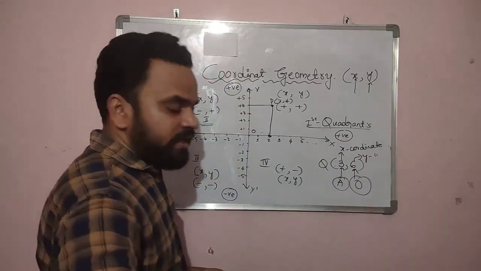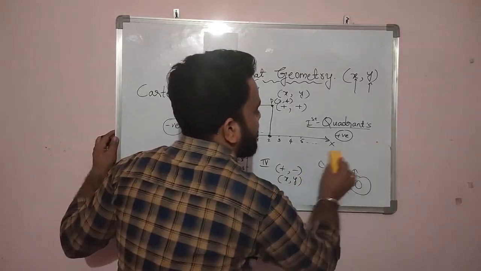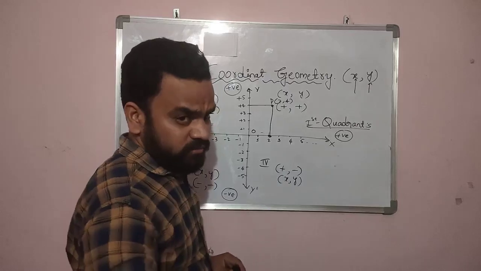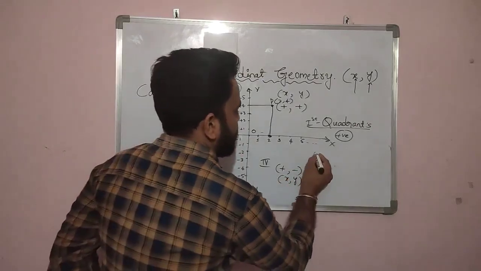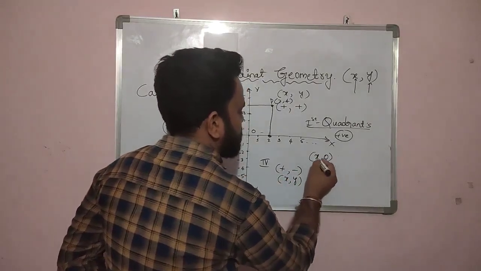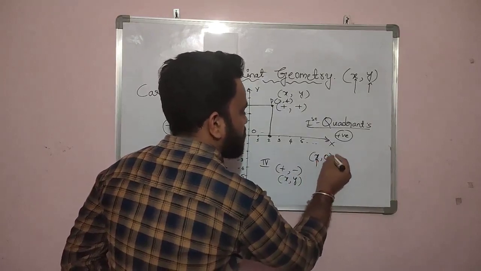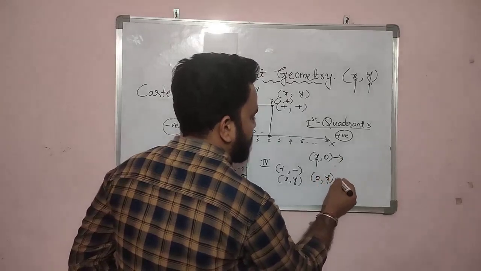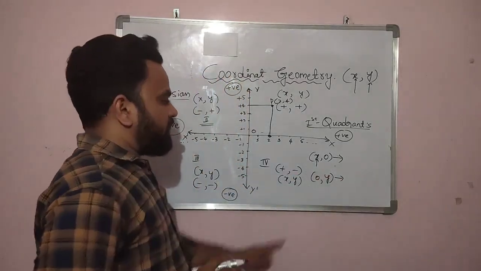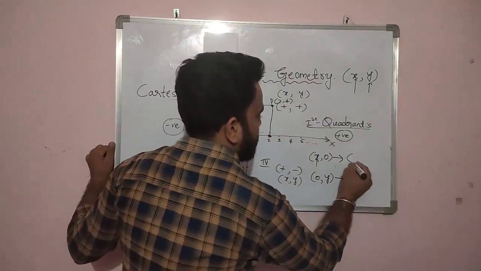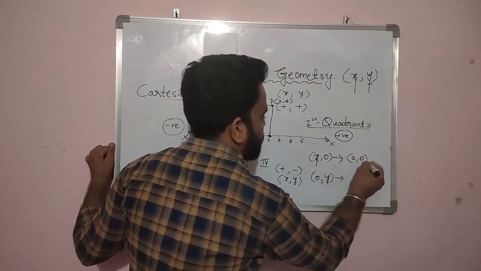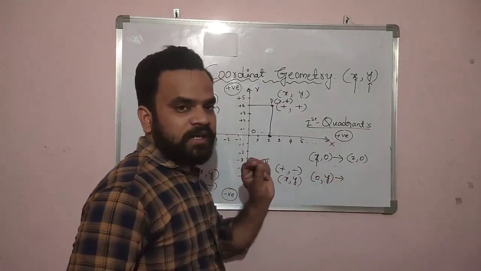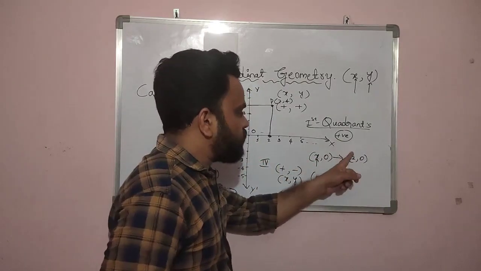One more important thing is if a point has a zero value, if either value is 0, like x comma 0 with x being any value, where does it lie? And if the x value is 0 and y has any value, where does it lie? I will take an example. If the point is 2 comma 0, you need to locate this point on the graph. 2 is x.